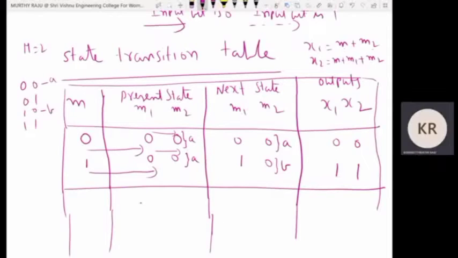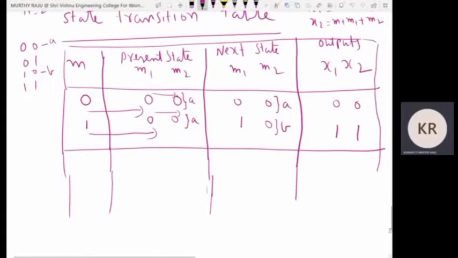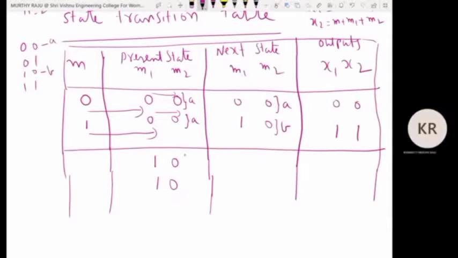Now we will consider 1, 0, that is in B state. Possible values of M are 0 and 1. Here x1 is equal to M exclusive OR with M2.